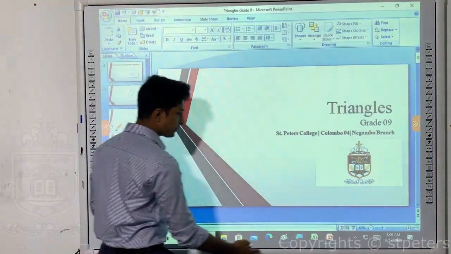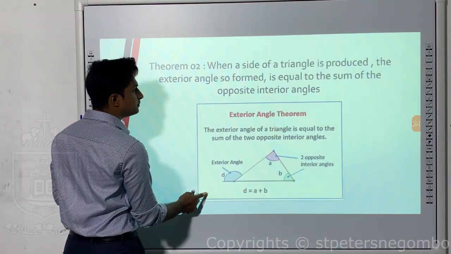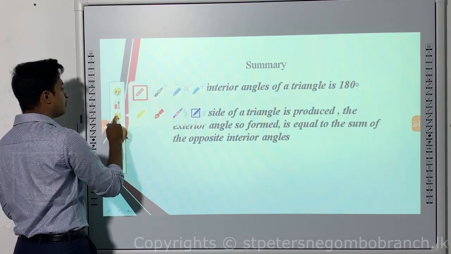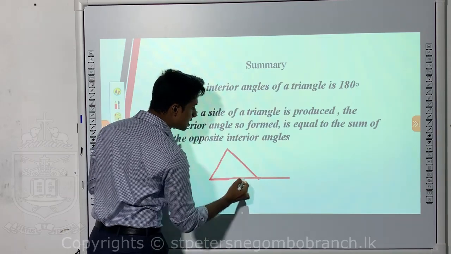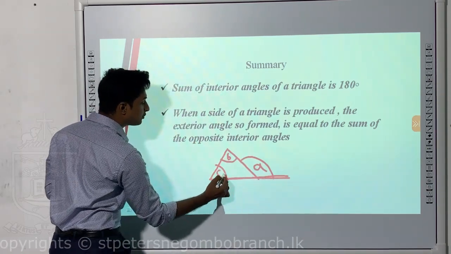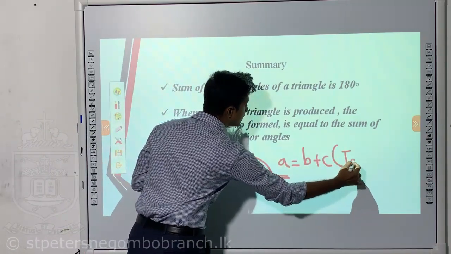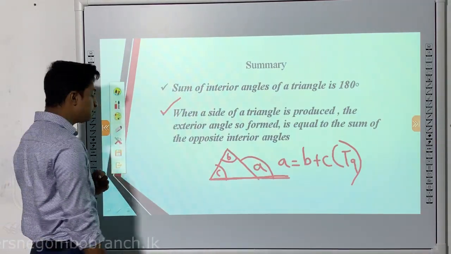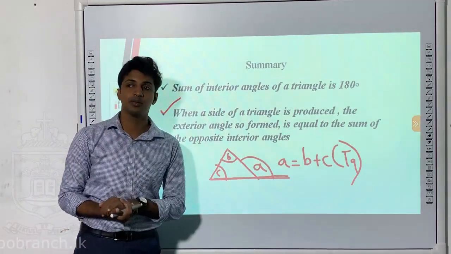Taking it for one last time: when you take a triangle, draw it and extend a side, that value will be equal to the addition of the two opposite interior angles. I marked it as theorem number 9 from the theorem paper. That is this point. So that's all we have learned for this lesson.